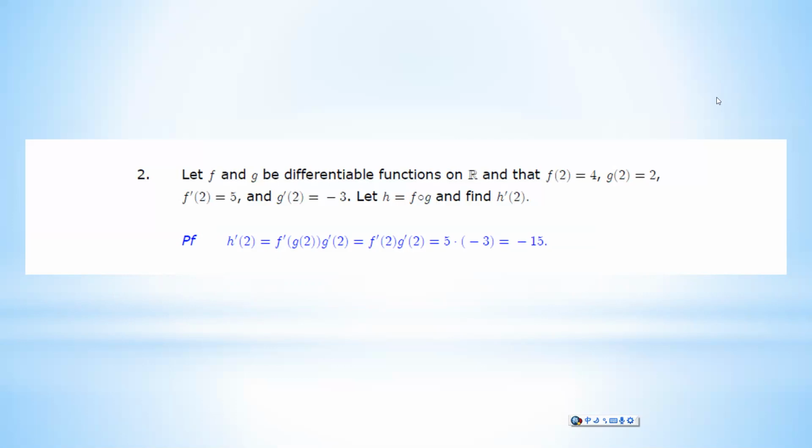You use the chain rule, so you get f prime composed with g at 2, times the derivative of g at 2. You plug in all this information there. All this information is enough to compute this through this formula. So finally you get minus 15. Okay, so these 3 are very straightforward problems.